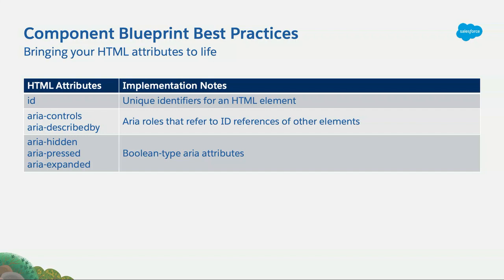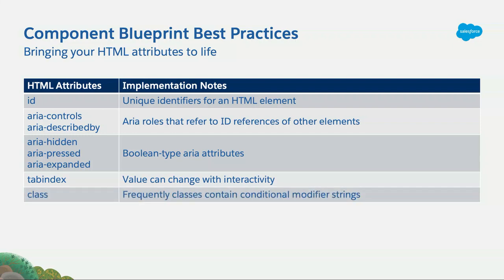This isn't an exhaustive list, but when you see them in your blueprint code, you know that before your blueprint is alive and fully functional and accessible, these things need to be programmed in. The same with tab index; we see this a lot with interactivity. And then classes as well, as you saw in our example, we had to change that class based on certain inputs and modifiers that we wanted. Like I said before, there's a lot more of these things to look out for.